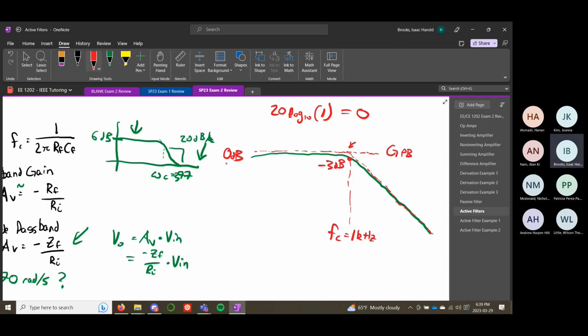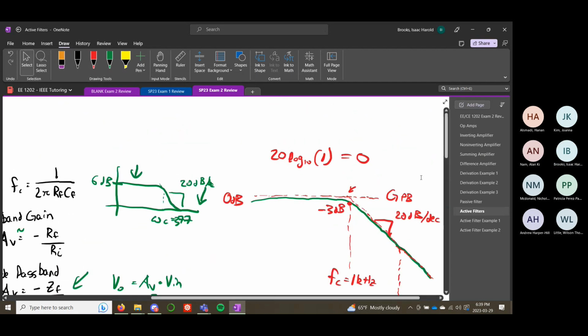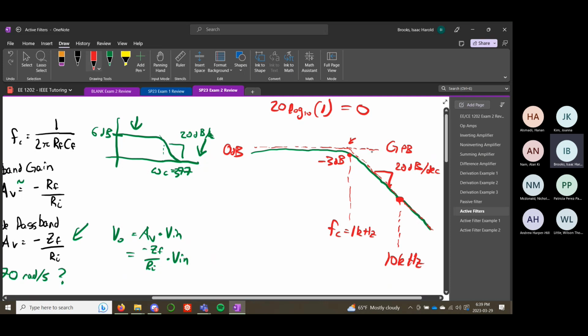So this is kind of like a unity filter. If our passband gain is 0, then our cutoff gain is -3. If we were to look at a frequency at 10 kilohertz, then we can use our 20 dB per decade rule. And the gain here at 10 would be 20 less than our passband gain or our cutoff frequency. Now that's the question you have to answer.